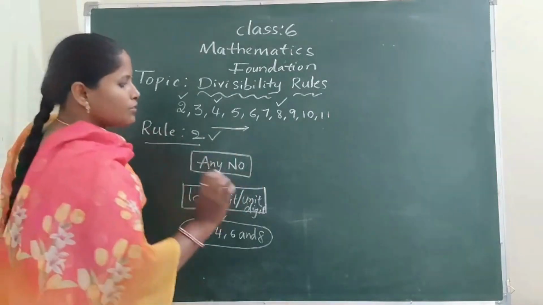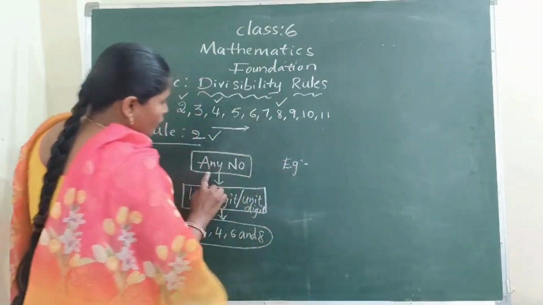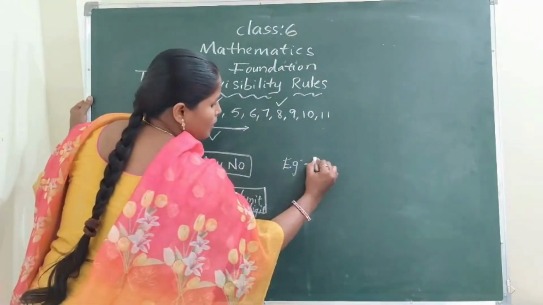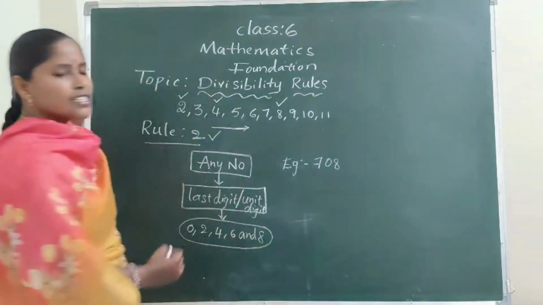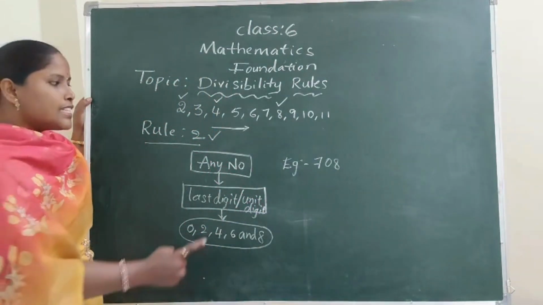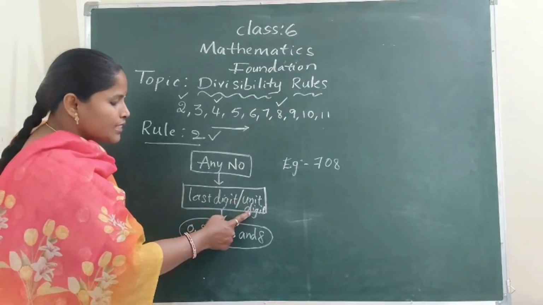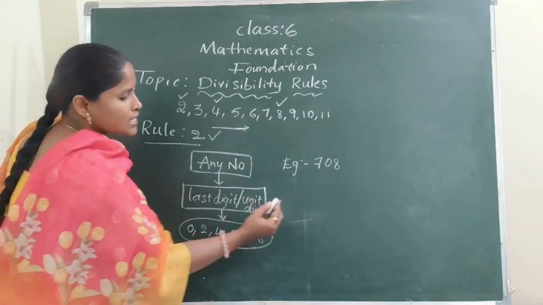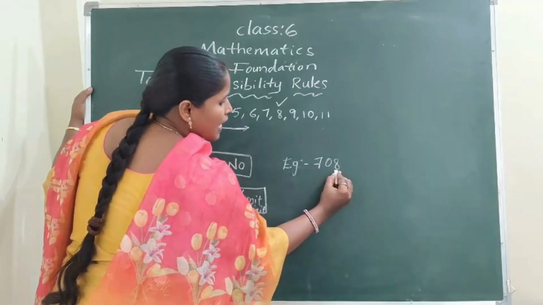Any number, it's your wish. For example, I am taking 708. What is the last digit, or unit digit, of this number? You focus only on the last digit. 8 is the last digit.